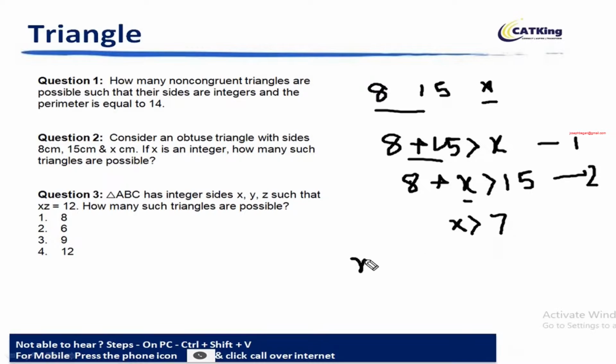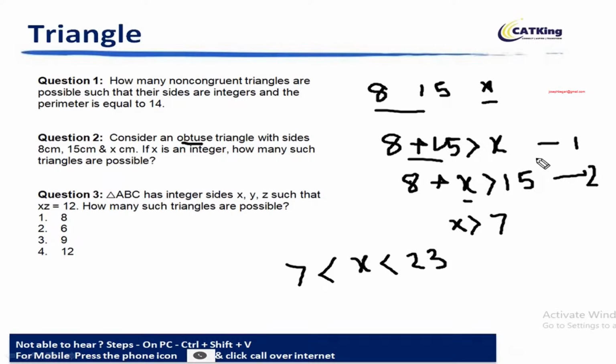So the range of values in which x lies is from 8 to 22. So in this range, it is possible that those triangles could be acute angled also. It could be a right angle also. But we need the number of obtuse triangles, right?